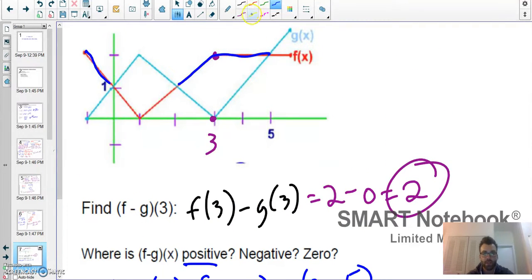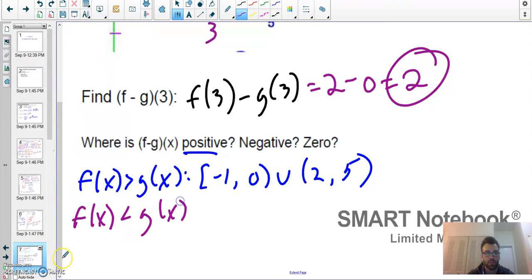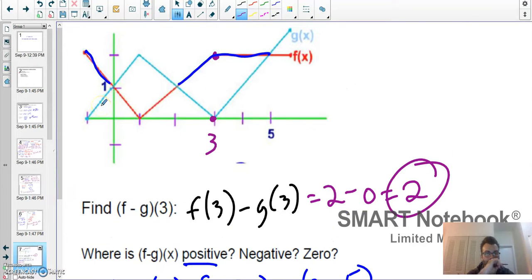Where is f minus g of x negative? Well, that's when f of x is less than g of x. So when does that happen? Okay. Well, that confused myself there. So where is f of x less than g of x?